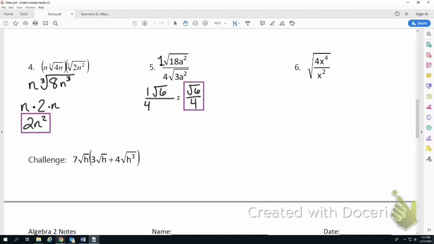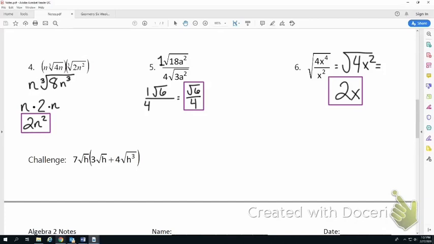I want you to attempt number 6. I'm going to challenge you, and I'm going to give you some guidance because it's not just a multiplication or division problem, it's a little harder, because obviously it has addition in there.